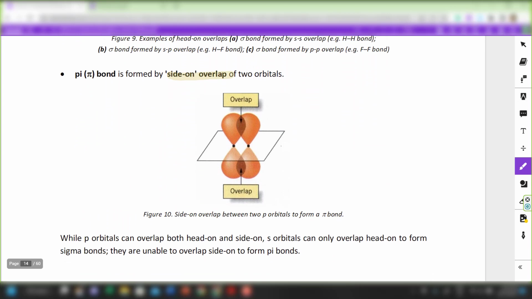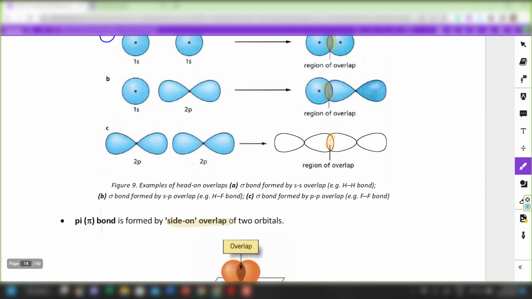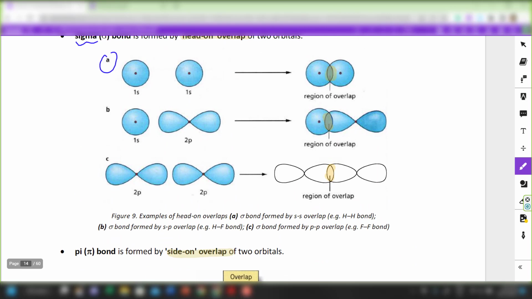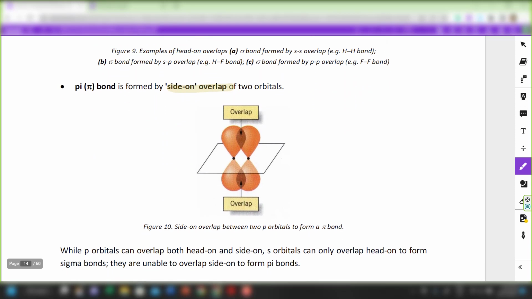What about a pi bond? A pi bond is what we call a side-on overlap. So it is not a direct overlap, as you can see from the examples given in figures 9a, b, and c. For the side-on overlap, it has to come after the sigma bond has been formed.